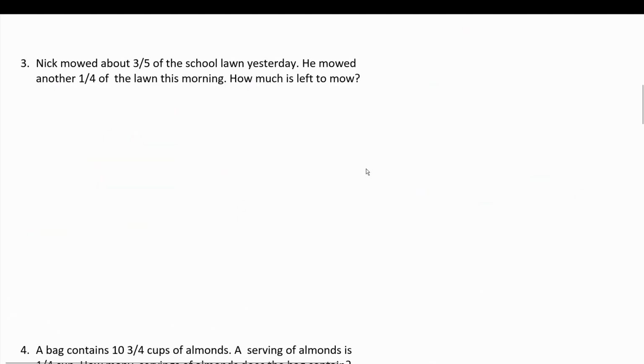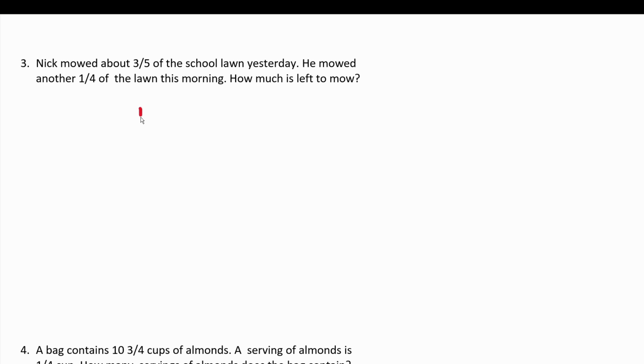All right, number 3 says Nick mowed about 3/5 of the school lawn yesterday. He mowed another 1/4 of the lawn this morning. How much is left to mow? So for this one, we're subtracting how much he mowed of the lawn from the total lawn.